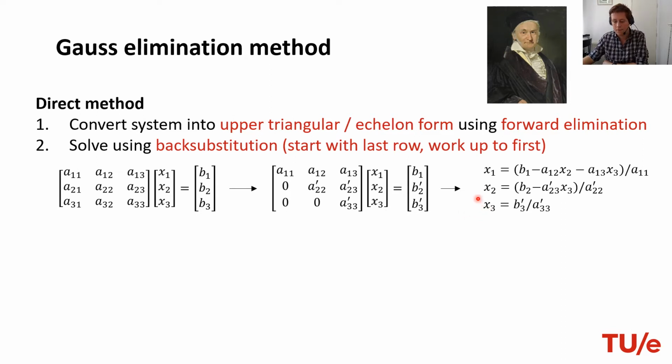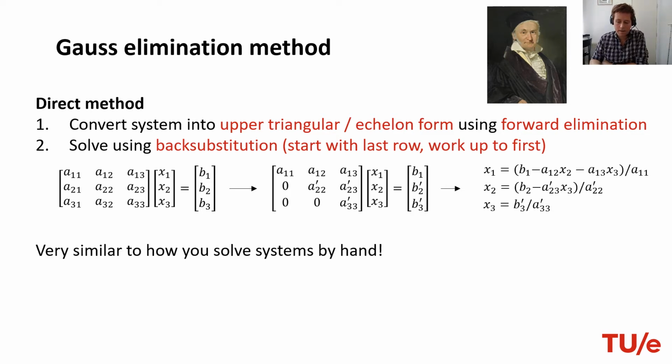We plug x3 into the equation for x2, and then we plug x2 and x3 into the equation for x1. That allows us to solve this system. Note that this is quite similar to how you would solve the system by hand. We will now discuss how we do this within a computer using programming.